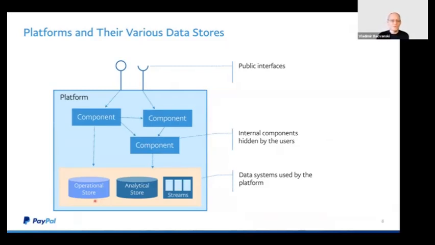Operational stores, often relational databases handling transactions, but also when you need insights about things that happened in the past, for that you would like to have an analytical store. And big data stores are a very popular choice in this area.